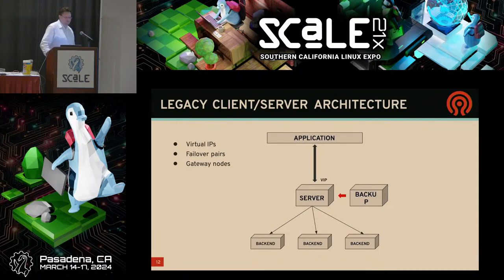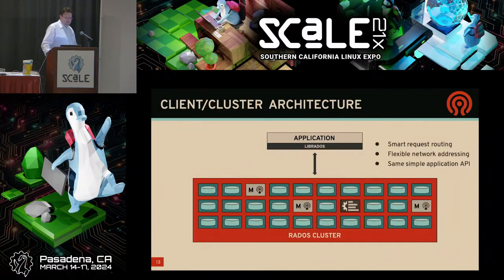So historically, this is how storage works. You go through some gateway, ask where the data is, and you get the data. And then you have HA pairs or some failover scheme for when that gateway fails so that you have high availability. But this is instead how Ceph works.